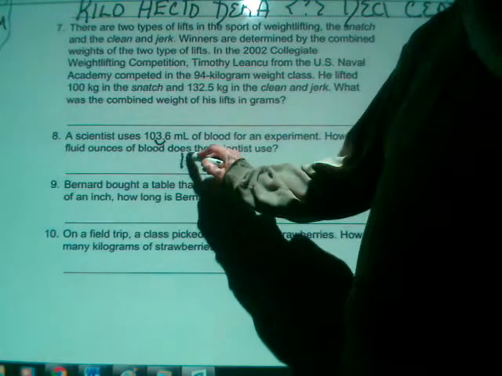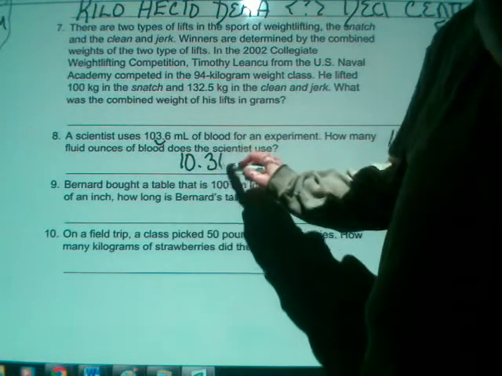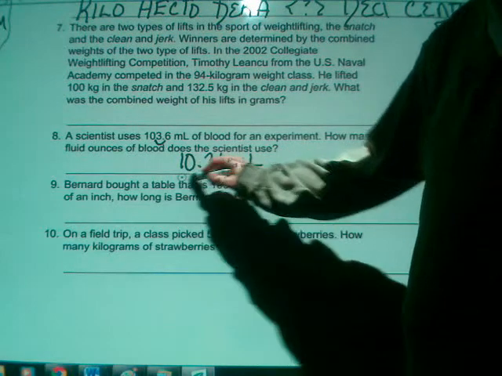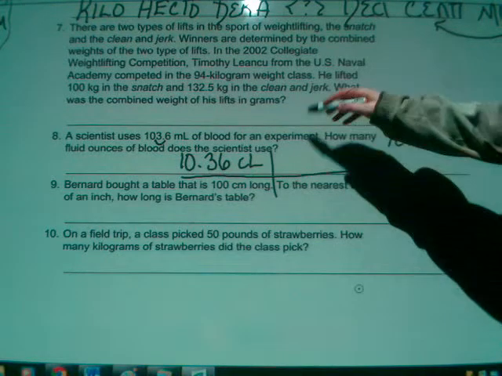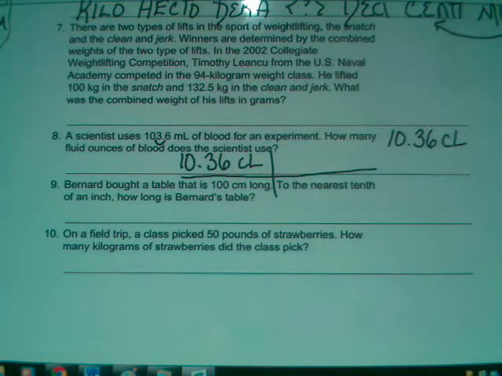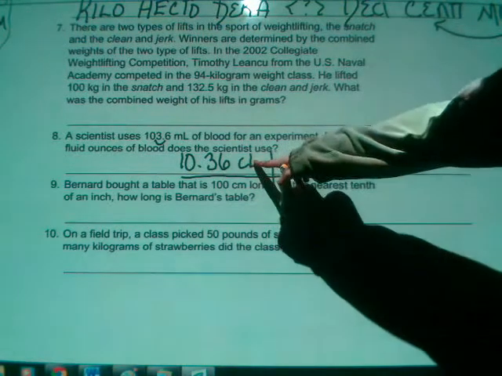All right, now at this point, I'm going to have to use my T-chart to make this conversion. And again, I'm using that factoid that I just read to you: 1 fluid ounce is the same as 2.957 centiliters. So that conversion is what's going to go here on the right side. We want to make sure that we see units canceling diagonally.